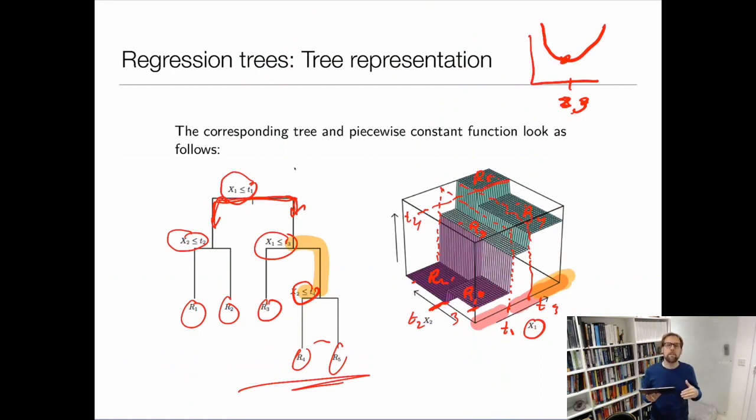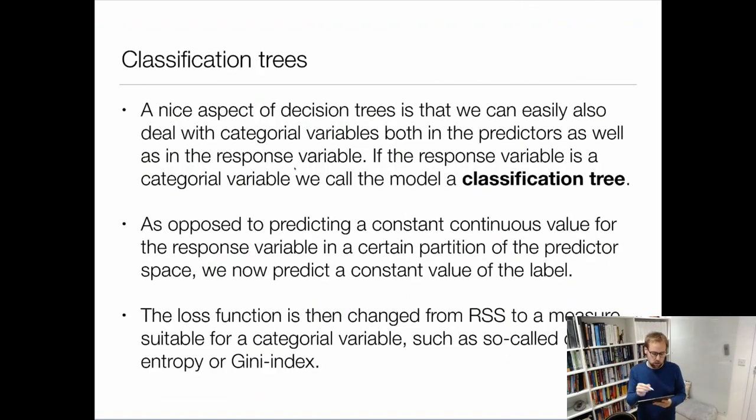Obviously now, if I have these class variables, I don't talk anymore about least squares, and there are different loss functions now, and those loss functions are sometimes also called cross entropy or Gini index. But this is something you do not have to know in detail.